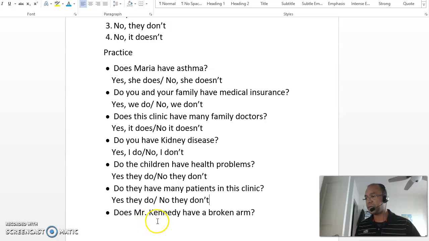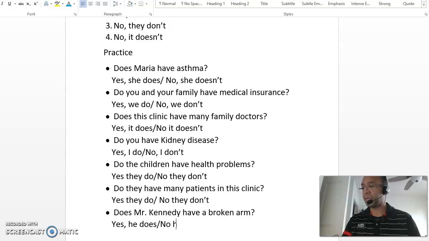Does Mr. Kennedy have a broken arm? You can answer by saying yes, he does. Or you can answer negative by saying no, he does not, or he doesn't.